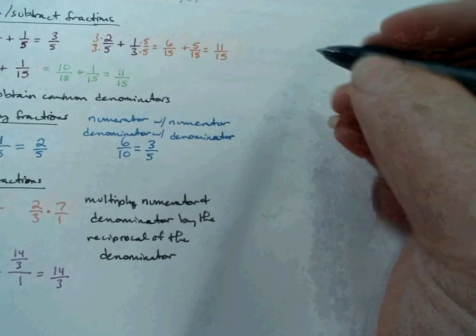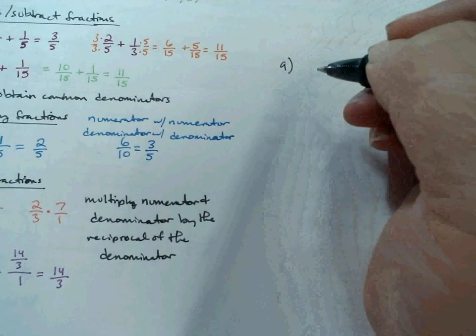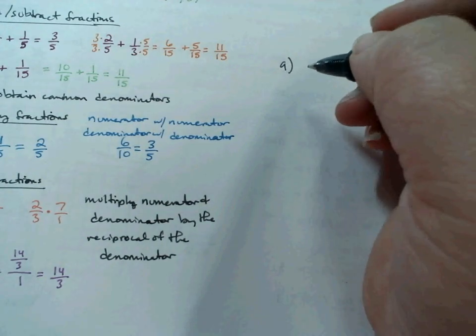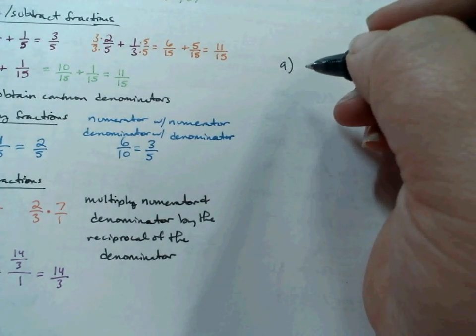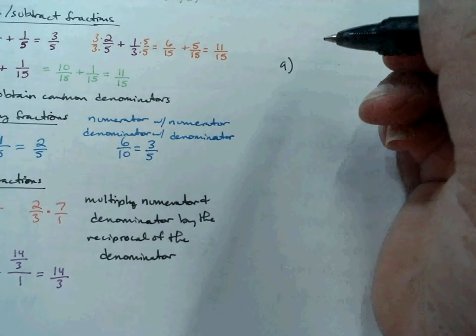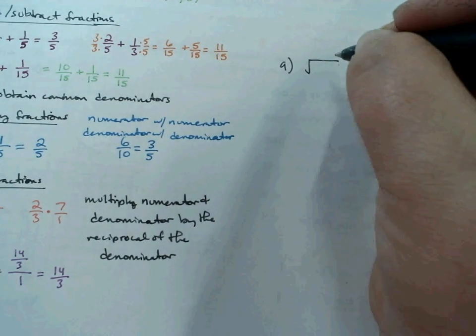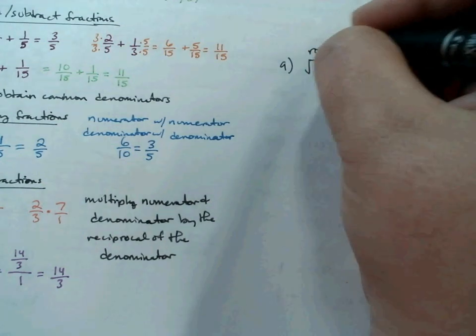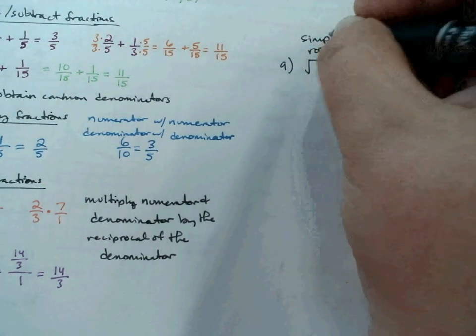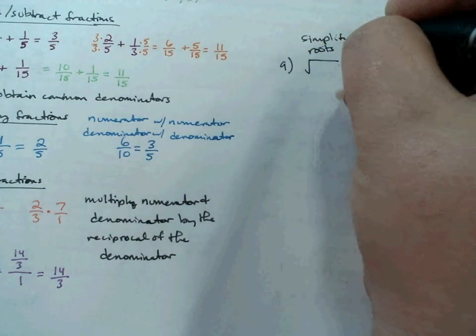Let's do number 9. How do you simplify roots of expressions? Give an example and include variables. Okay, so first off, let's just talk it out. Simplifying roots.